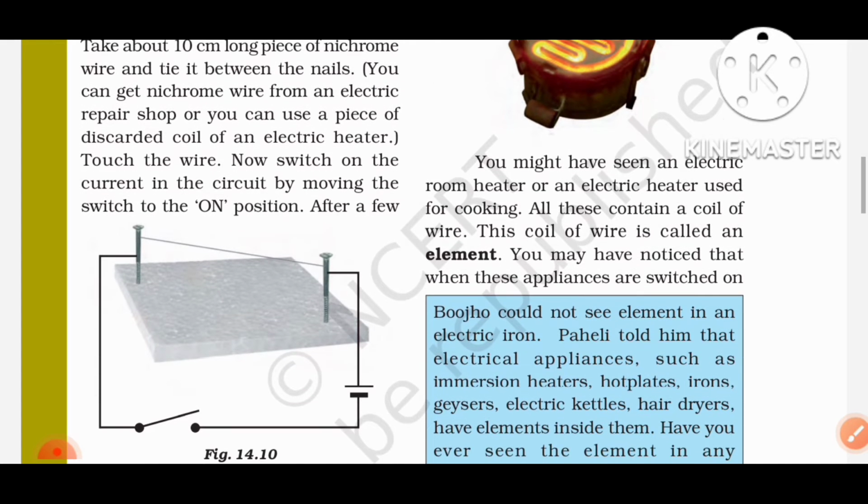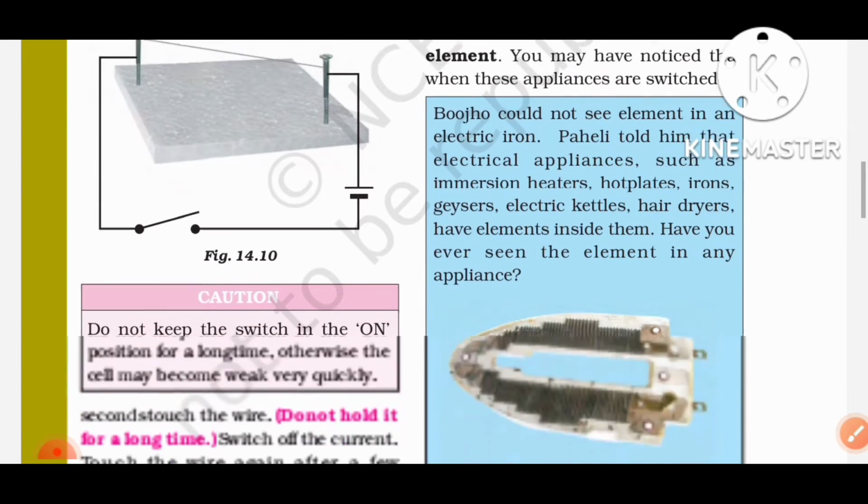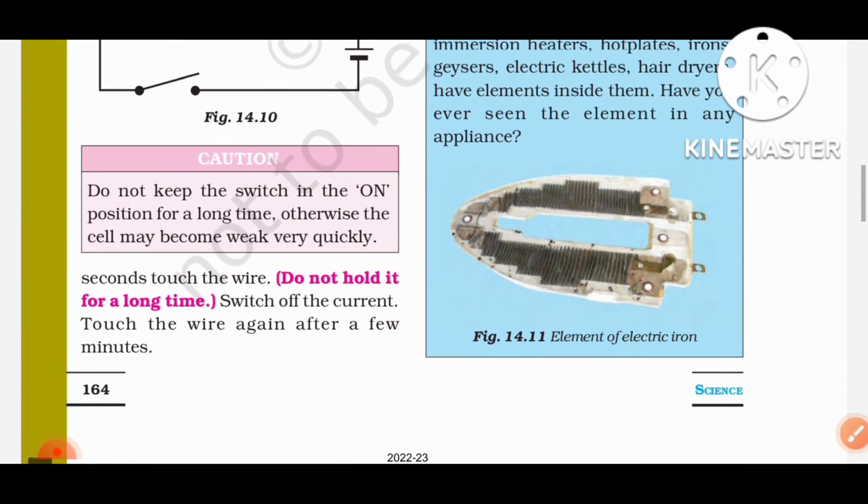Touch the wire. Now switch on the current in the circuit by moving the switch to the on position. After a few seconds, touch the wire. Do not hold it for a long time. Switch off the current. Touch the wire again after a few minutes.